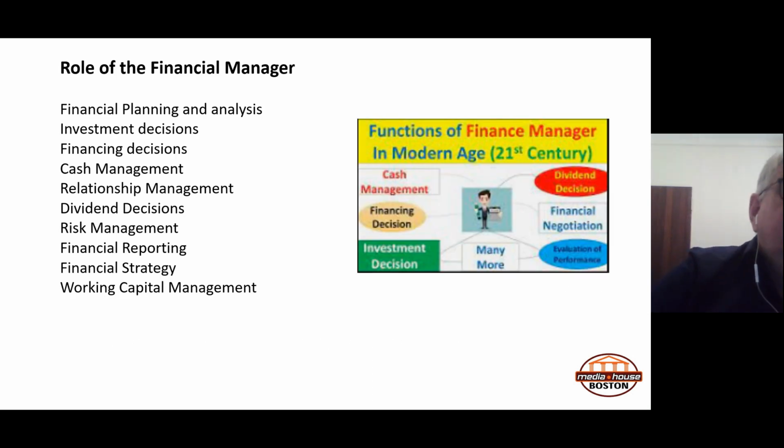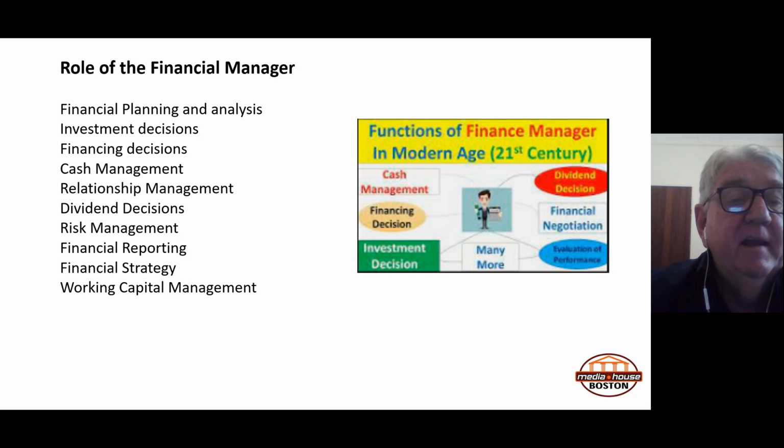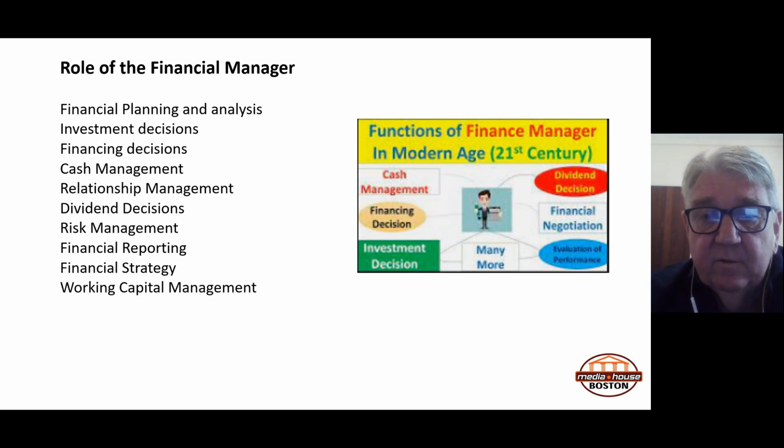Okay, here's a bit more detailed of the functions. Those are the decisions, here are the functions. Financial planning and analysis. When you start operating, we compile what we call a budget. So that's part of our financial planning. We say this is how much we're going to sell for the next year.